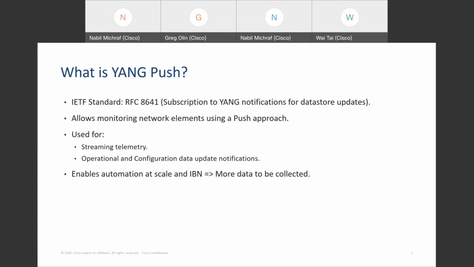Yank-Bush can be used for that purpose. And it enables automation at scale and intent-based networking because there is more data that is interesting to collect. I'll talk a little bit more about that later.